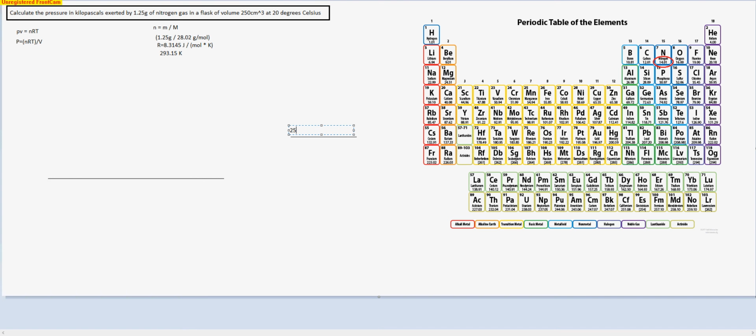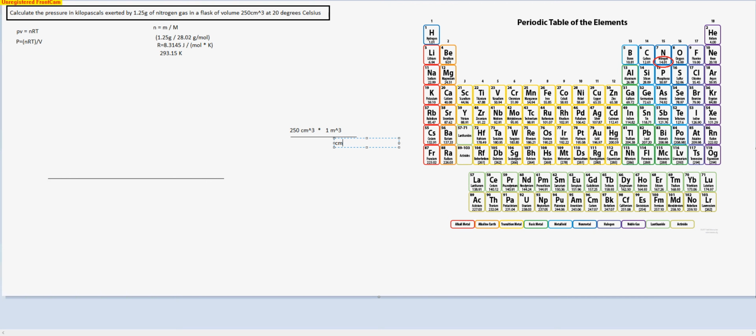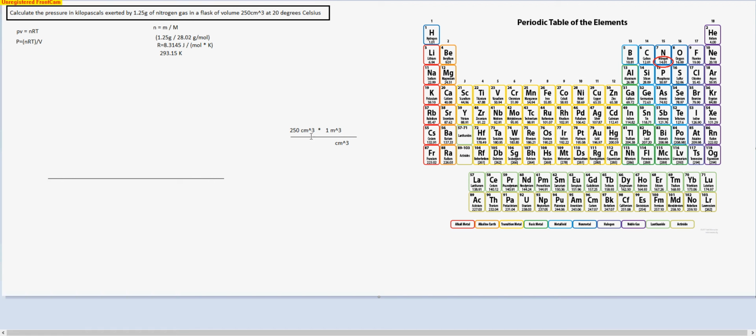We would put a cm cubed here, and we want to know what value we should put down here, because these are going to cancel, and we'll be left with meters cubed.